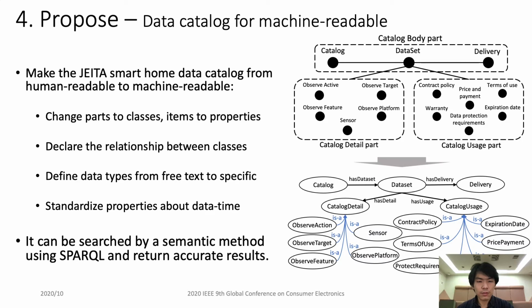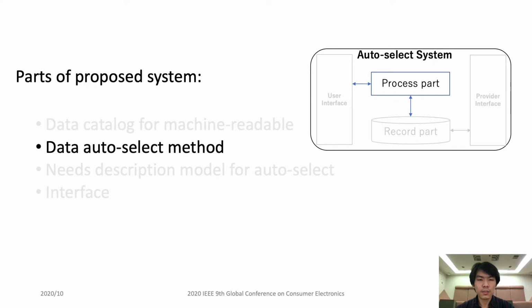So after modification, it can be searched by a semantic method using SPARQL and return accurate results.